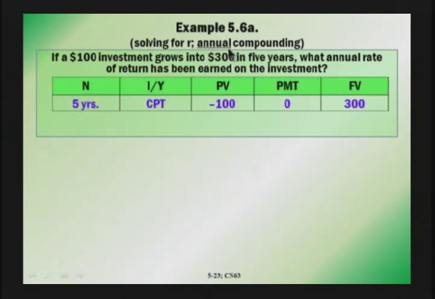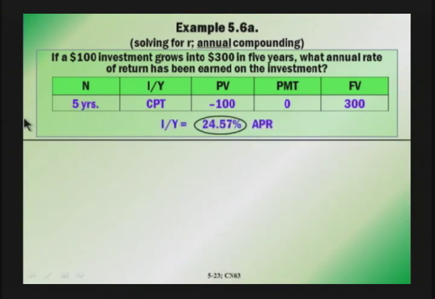So second clear TVM to clear the calculator, put in the 100 negative PV, 300 positive FV, 5 years is involved. When you compute the interest rate here, it will be the rate per year because N was the number of years. In that case, the 100 grows into 300 over 5 years. It was earning 24.57% each year over the 5 years.